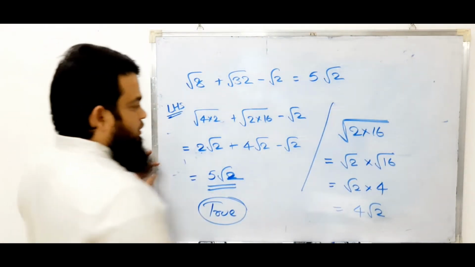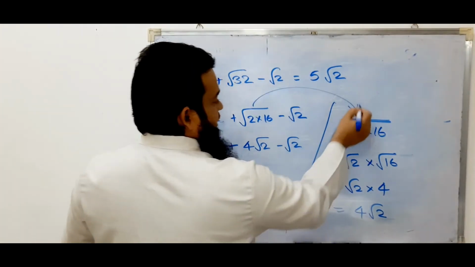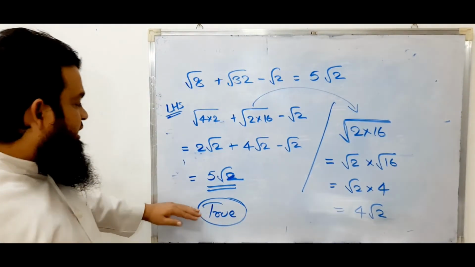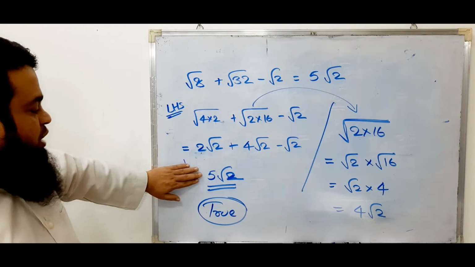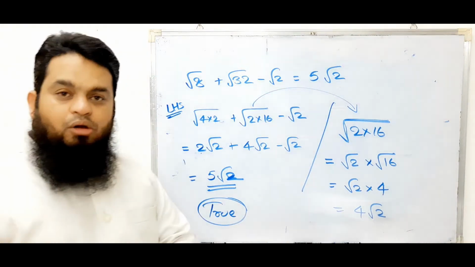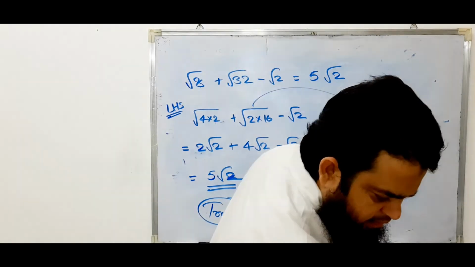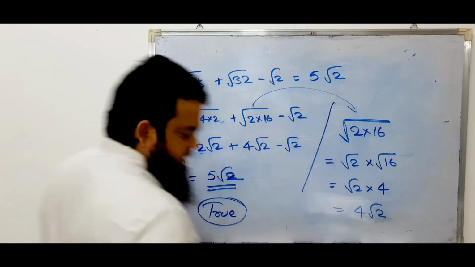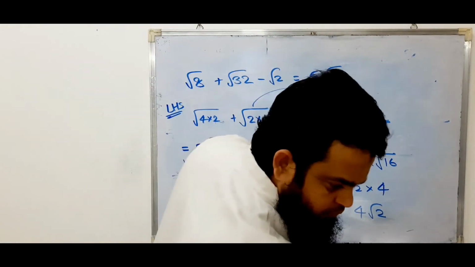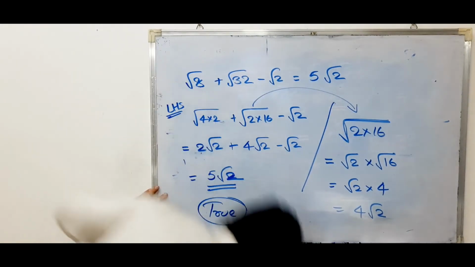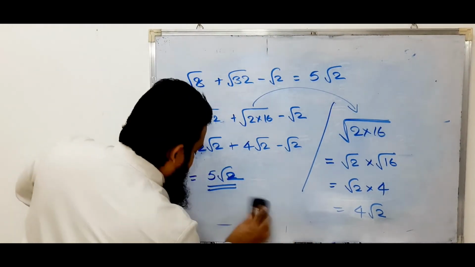Now anyway the answer is yes. Left hand side we got 5 root 2. Right hand side also we got 5 root 2. Then let us go for the next one.